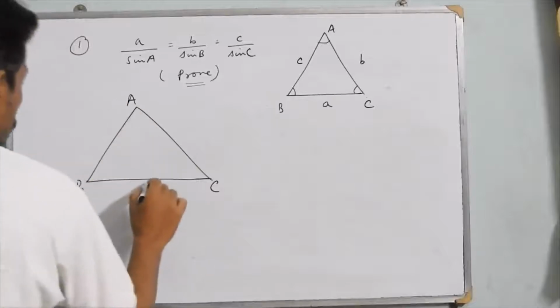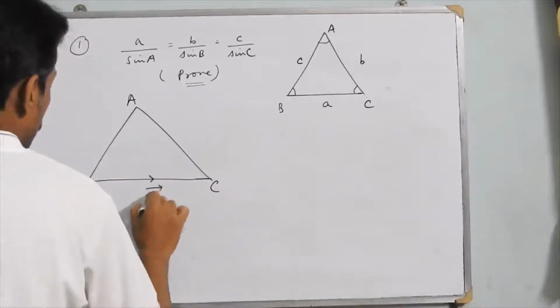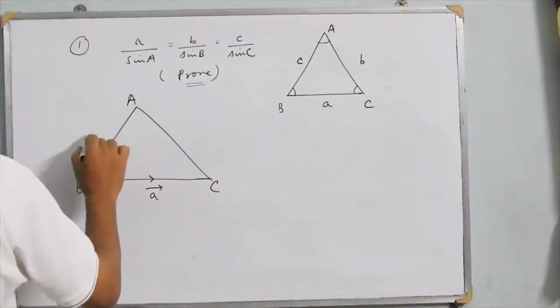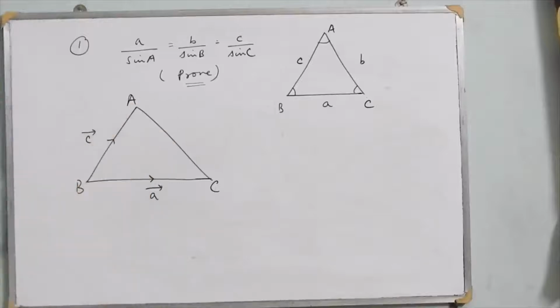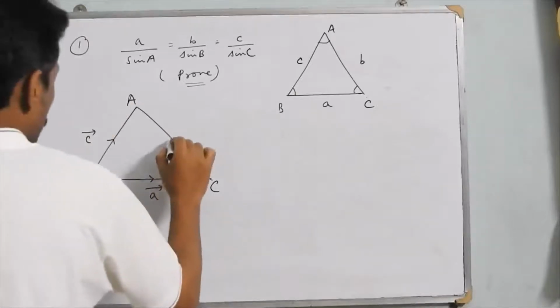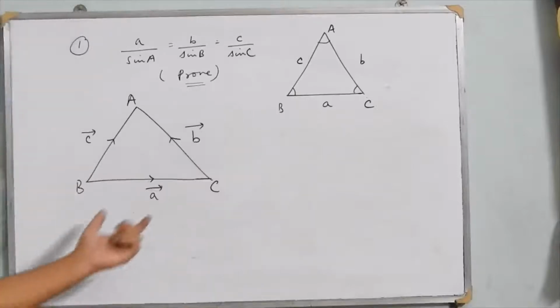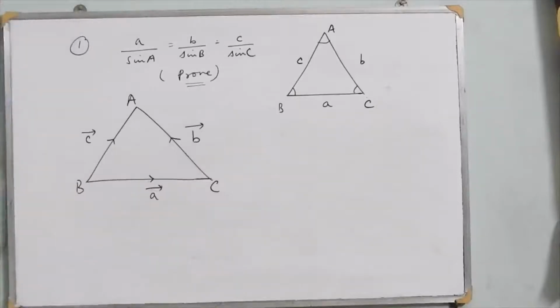Opposite to side a, suppose this is vector A, opposite to side c, this is vector C, and opposite to b, suppose this is vector B. So I am representing the sides of the triangle by vectors.